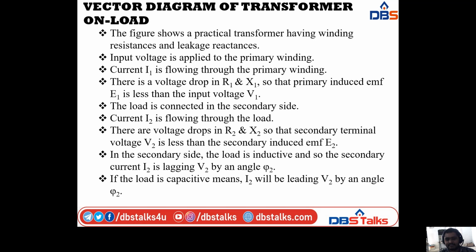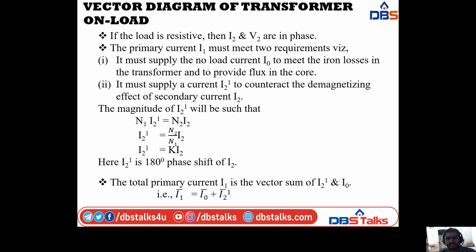If the load is capacitive, that is leading, I2 will lead V2 by an angle phi 2. And if the load is resistive, then I2 and V2 are in the same phase.